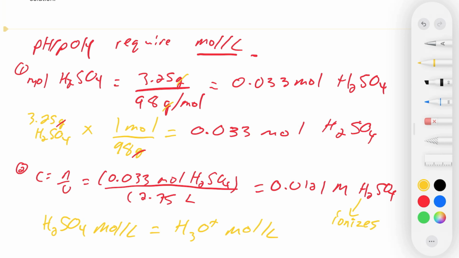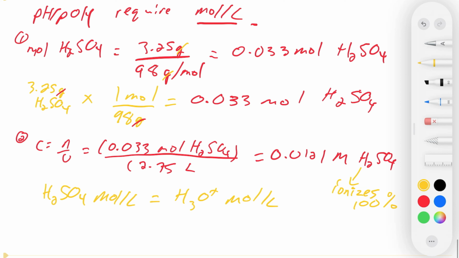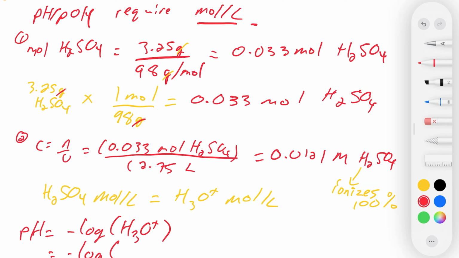So what we can do now that we have the concentration, the final step is just to plug it directly in. So we're going to go pH is equal to negative log H3O plus, which is then going to equal negative log 0.0121 moles per liter.